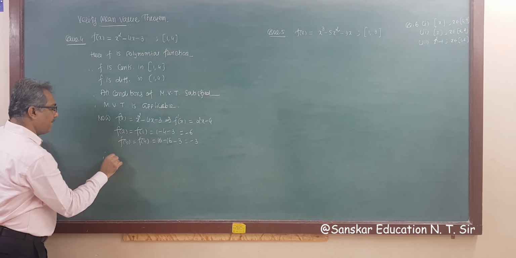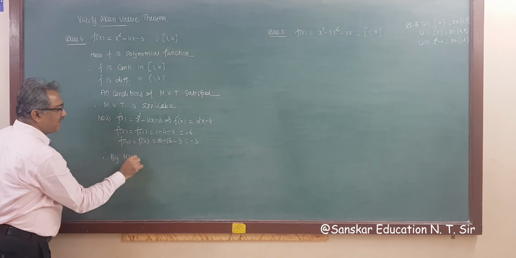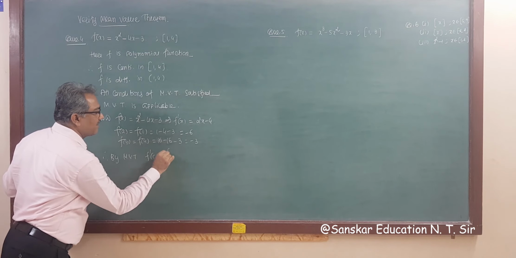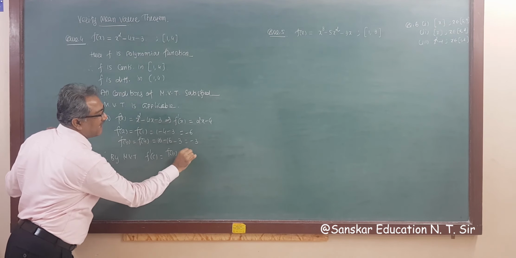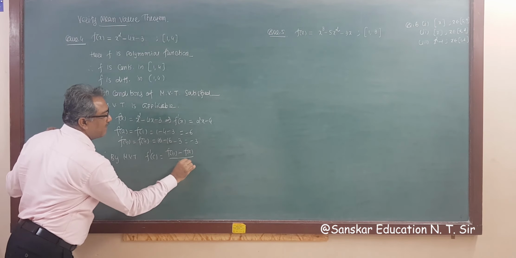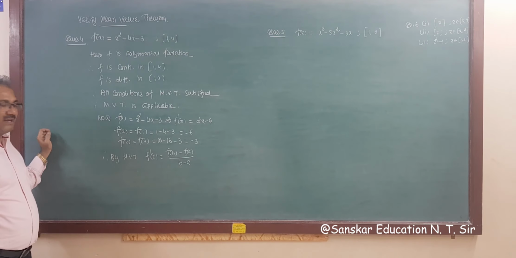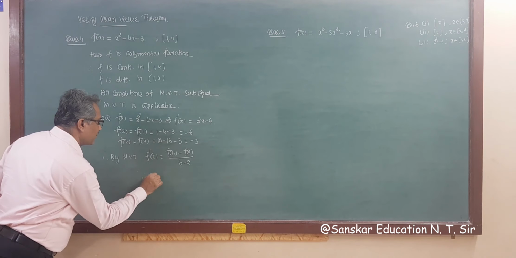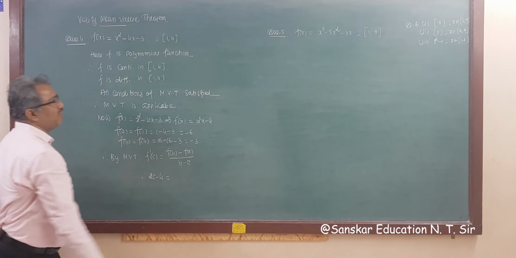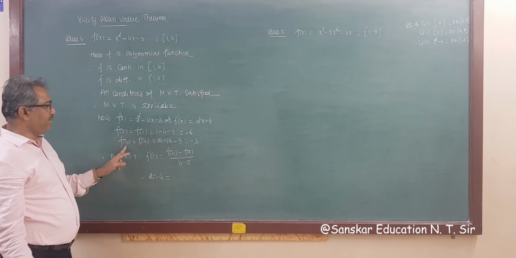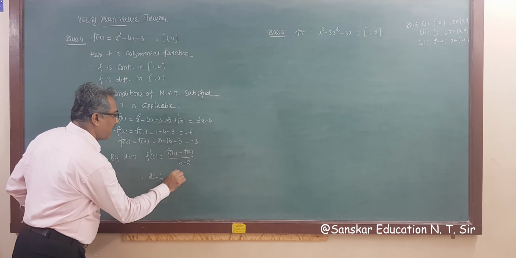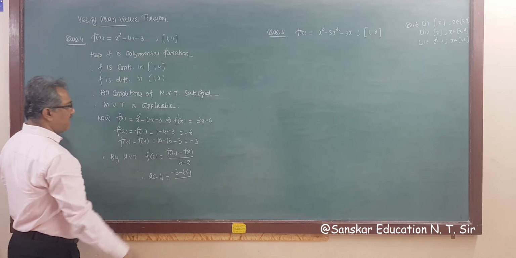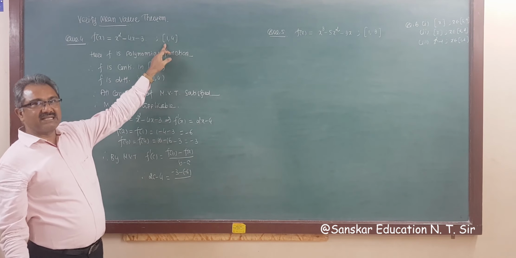Therefore, by mean value theorem, f dash c is equal to (f(b) minus f(a)) upon (b minus a). Now f dash c, that is 2c minus 4. So therefore 2c minus 4 is equal to f(b) is minus 3 minus f(a) is minus 6, upon b is 4, a is 1.